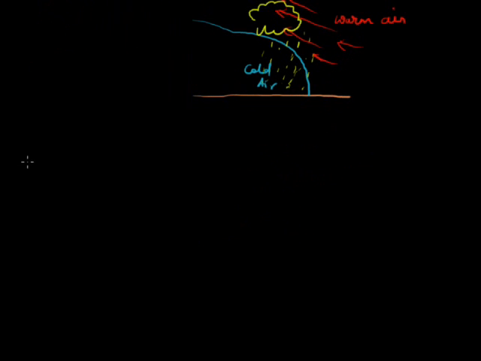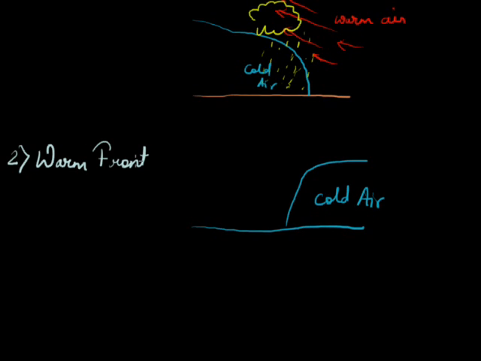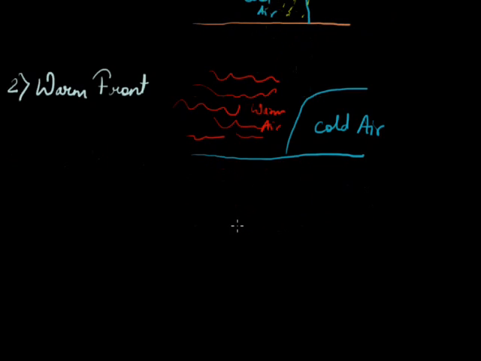The second type is a warm front. Under this warm front, the warm air is proceeding towards the cold air mass. Warm air being lighter could not push the cold air. As a result, it itself climbs over the cold air mass and is slanted upward, forced to push itself up over the cold air mass.